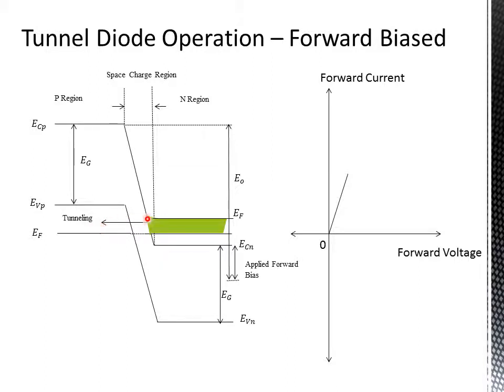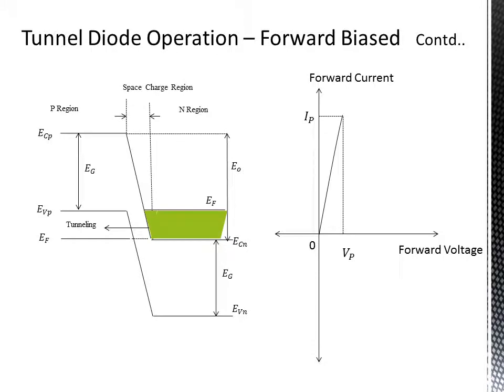Now the electrons from this N region will tunnel towards this P region. Then automatically there exists a tunneling current which increases with applied forward voltage.